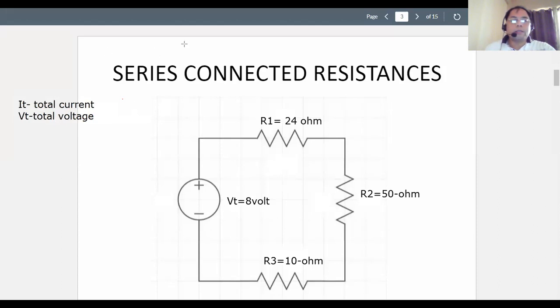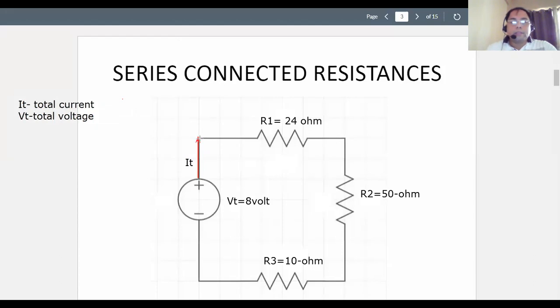This total current is the one that starts from the battery. We know that it gets out of the battery from the positive side, and we give it a name: I sub t, or I total. That's the current that comes out from our battery.